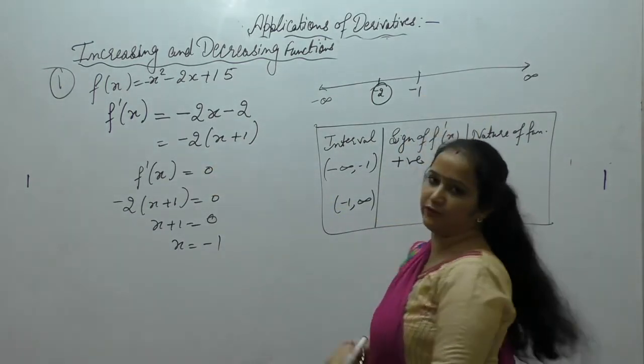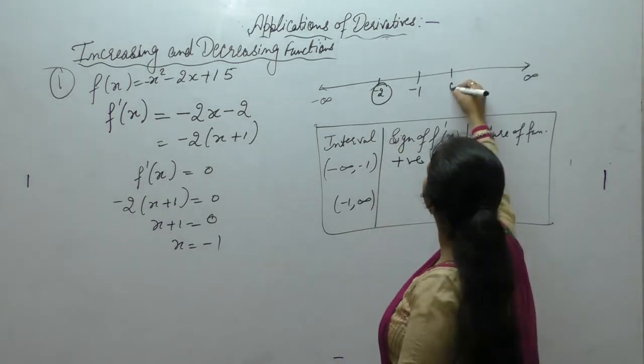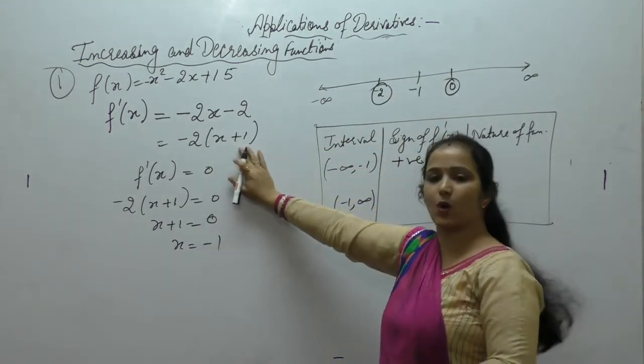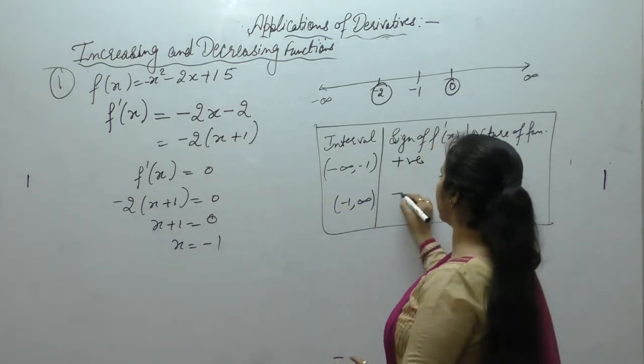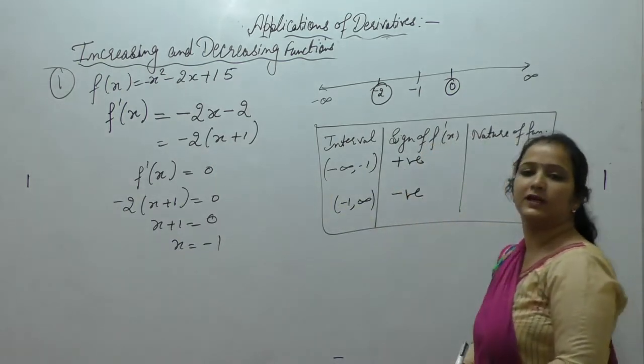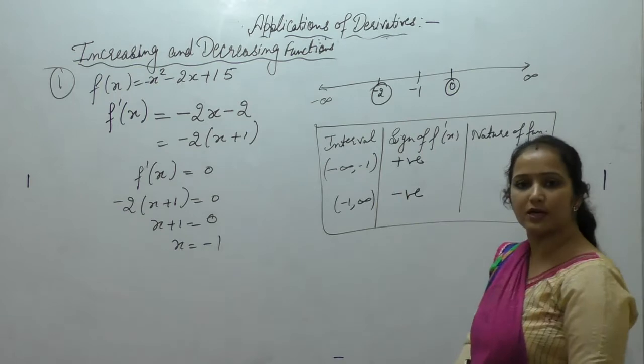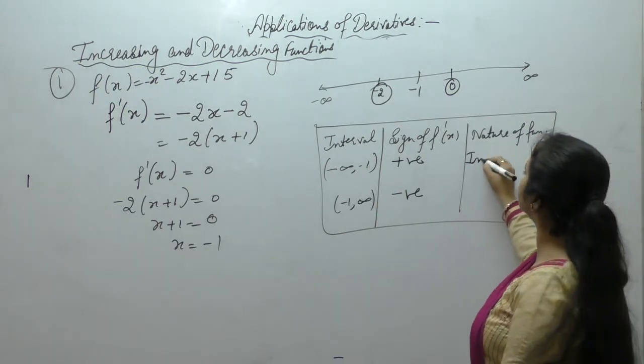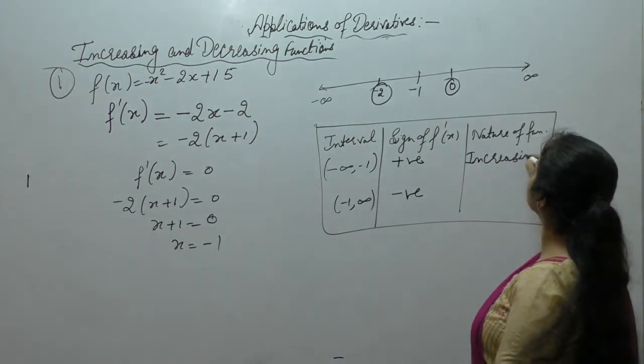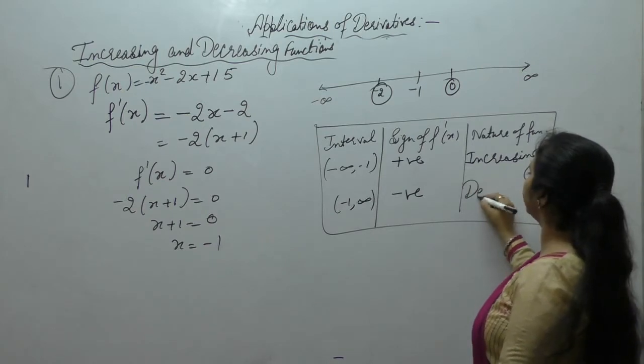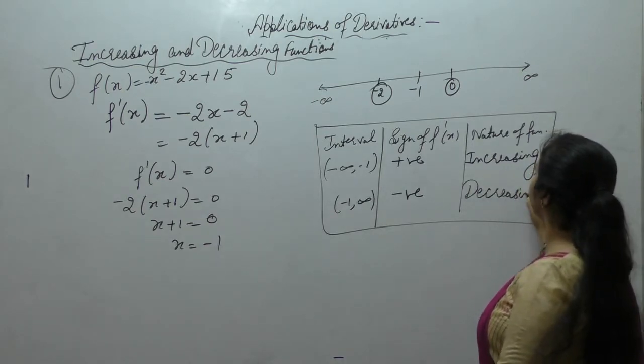Minus 1 to infinity, let the number be 0. 0 plus 1, positive. If the sign of f dash x is positive, the function is increasing. And if it is negative, then the function is decreasing.